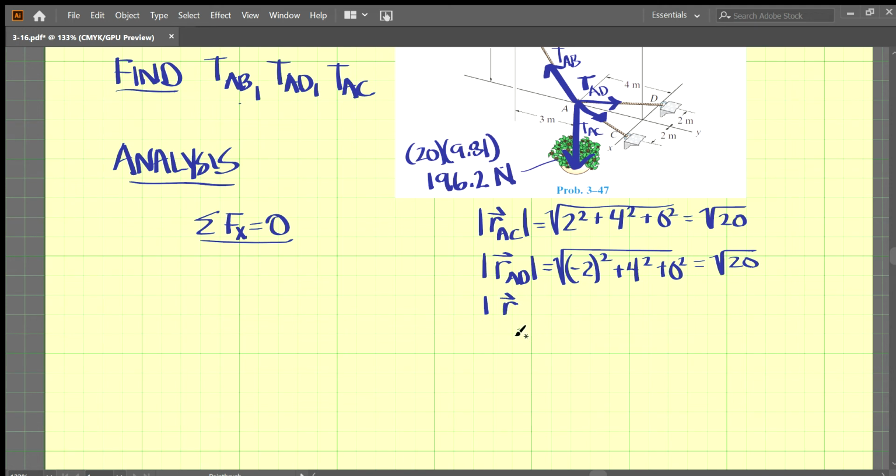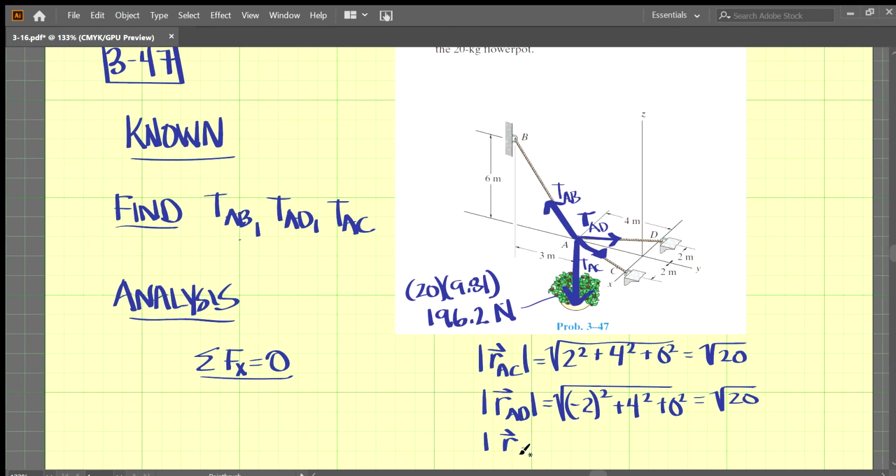And then lastly, our cable from A to B. So A to B here. In the X direction, we don't have anything. It's straight in line with the X direction, so that's 0. As we move from A to B in the Y direction, we're actually moving backwards in the negative direction.